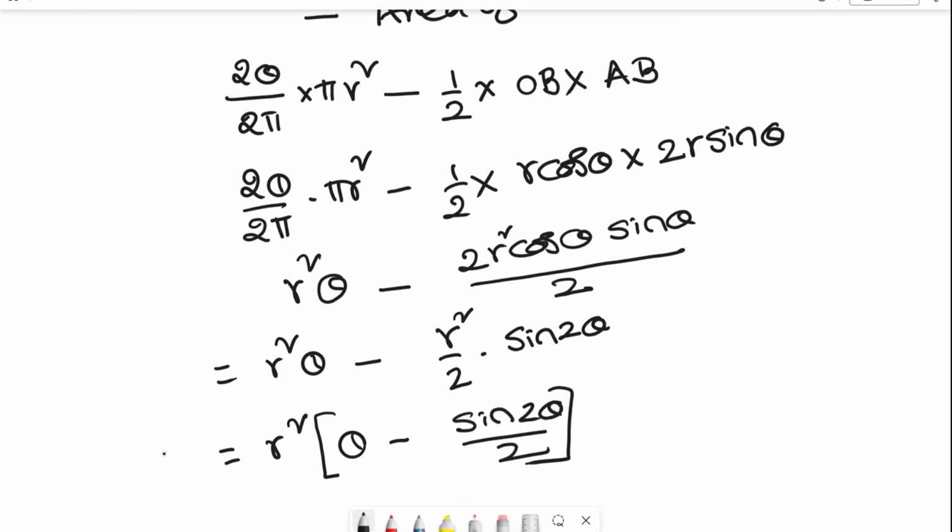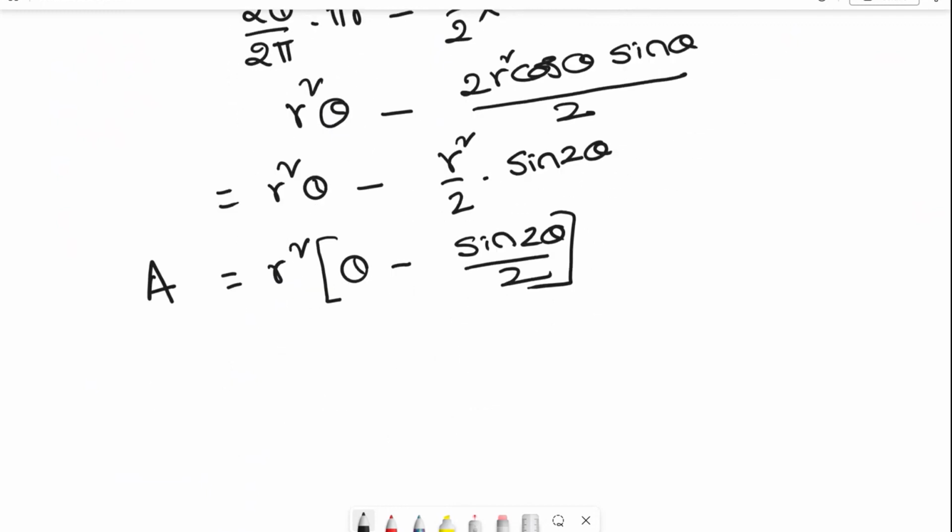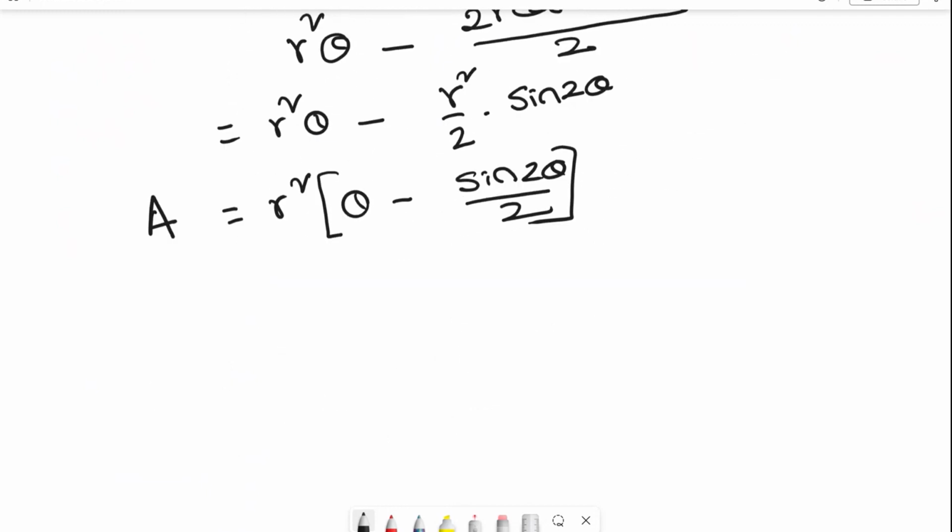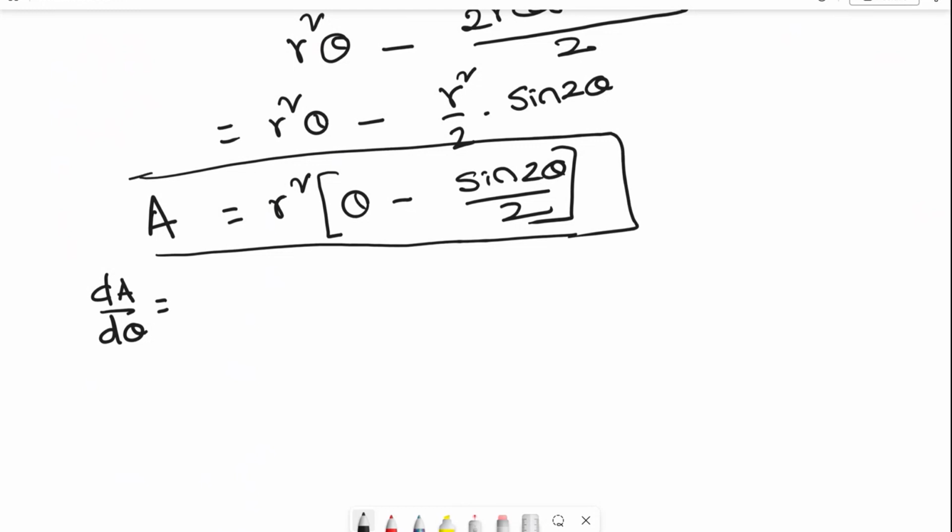This is the area. So now what we want is dA by d theta. So what is dA by d theta? Actually, for this derivation, you don't need to derive all this. Straight away you can write this and go ahead, but I am showing you what I have done.